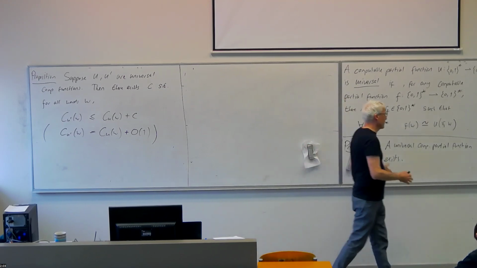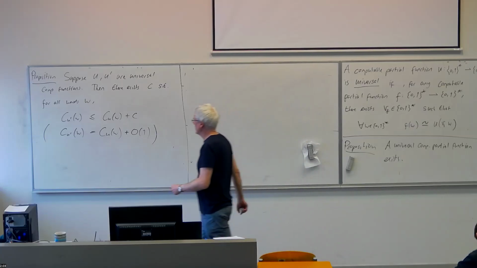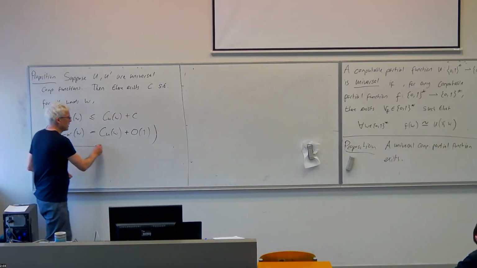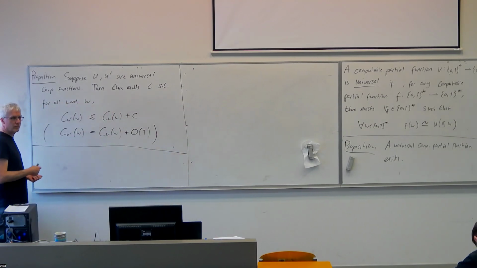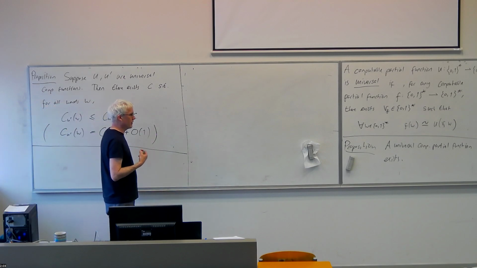So we've got the definitions now. Because of this proposition, the actual Kolmogorov complexity of one individual word is very dependent on the underlying universal function.